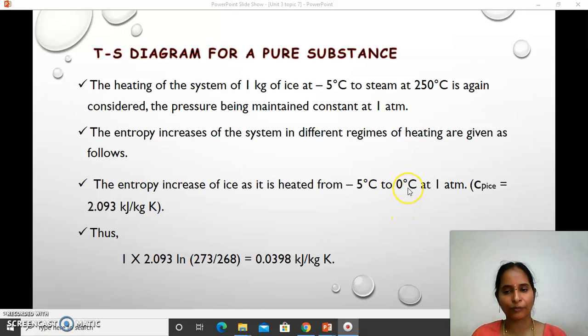The same 1 kg of ice is absorbing the latent heat of fusion, which is about 225 kilojoule per Kelvin. So for that latent heat of fusion, the calculation would be the same, only a single temperature will come into play.